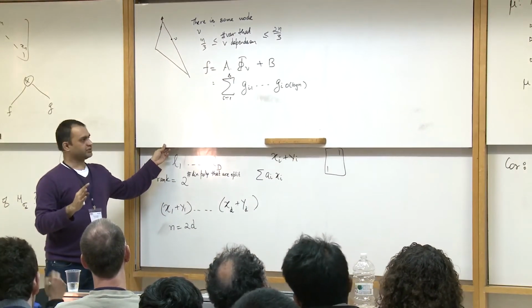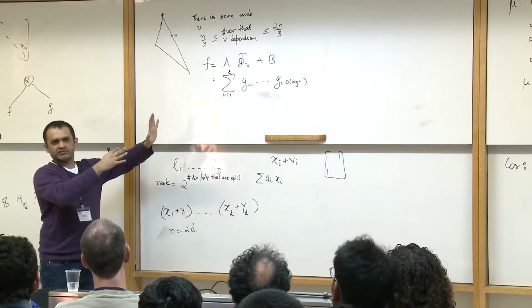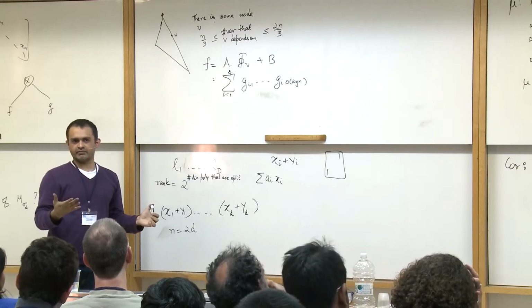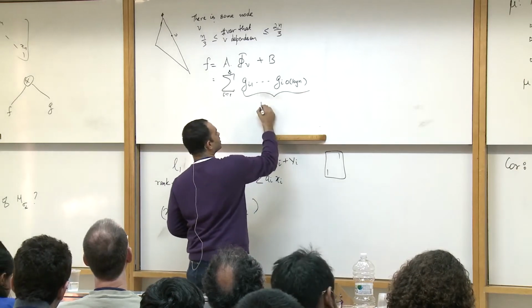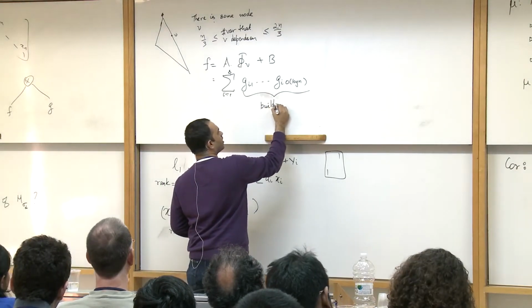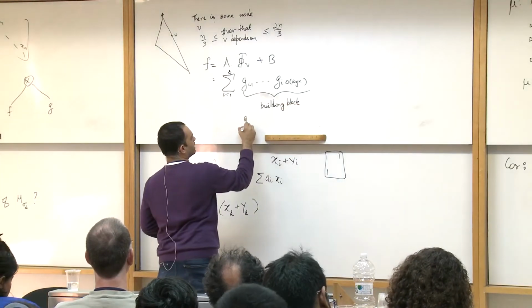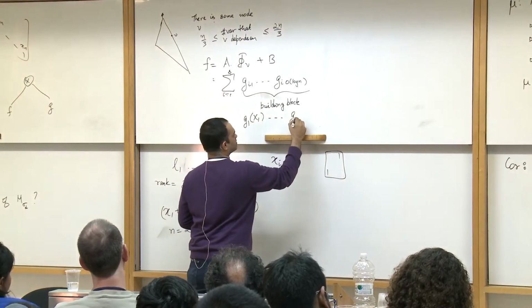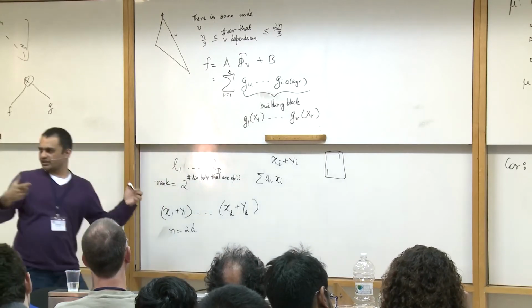So this is a log product decomposition that we saw a version of yesterday, and the same thing works if you work with the number of variables rather than the size or the degree. Now this is going to be the building block. So it's something that looks like g1 of x1 through gr of xr, where these x_i's are disjoint.